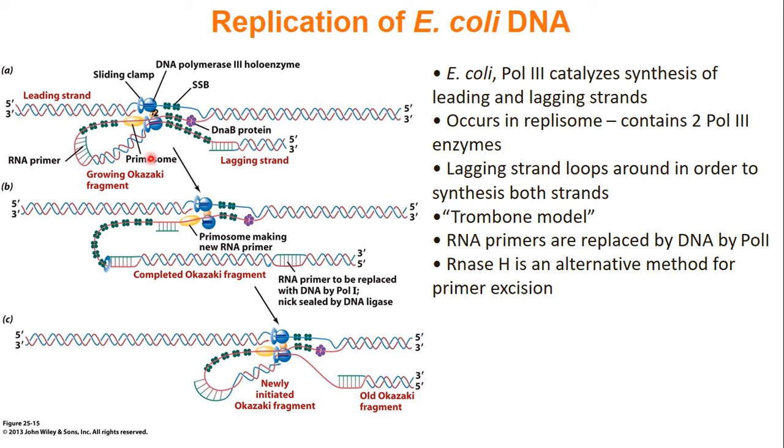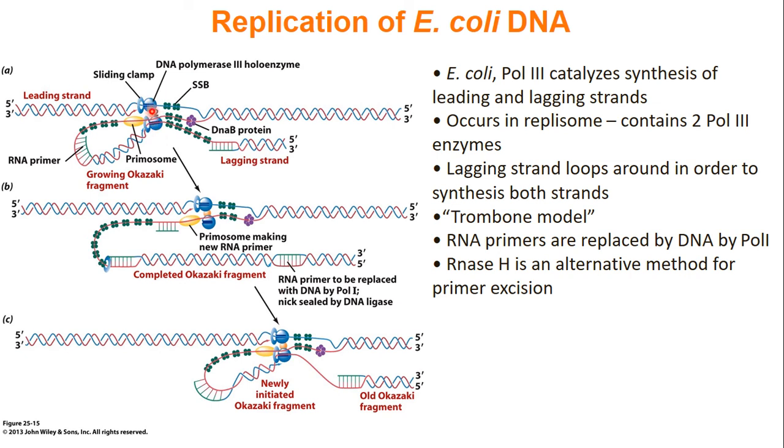And what's happening is that the leading strand will just be kind of straight, while the lagging strand is going to loop around because the polymerases, the poly 3s, are all connected together. They're connected through an intermediary, which means they can't move far apart.